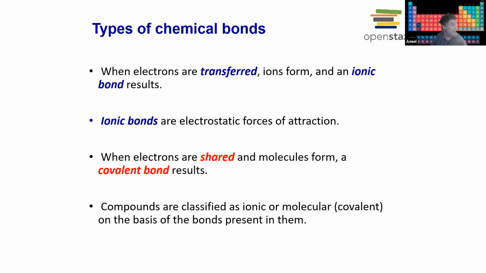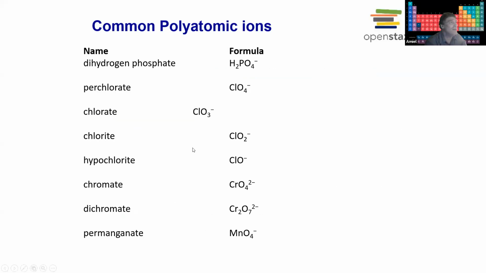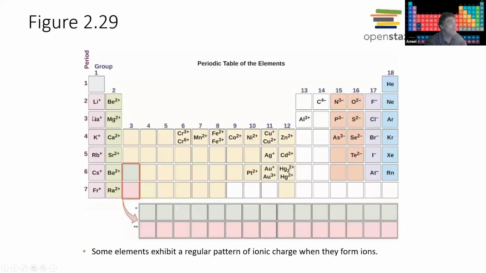As I said, when electrons are transferred, it becomes an ionic bond. So the classic example of an ionic compound is sodium chloride. The sodium gives up its electron to become Na+. As we saw, it wants to become Na+ as a cation. Look at chlorine. It becomes an anion. It gains an electron. So sodium wants to lose it. Chlorine wants to gain it. They form an ionic bond.